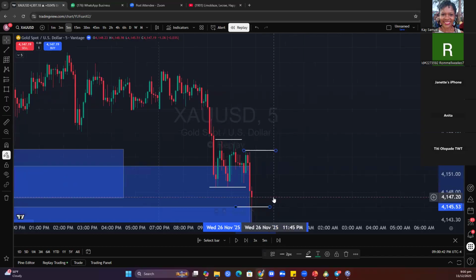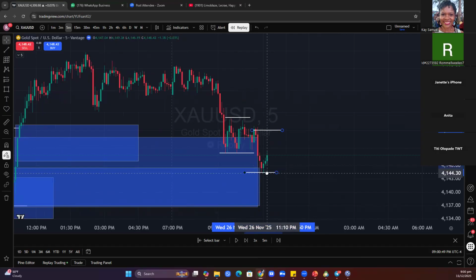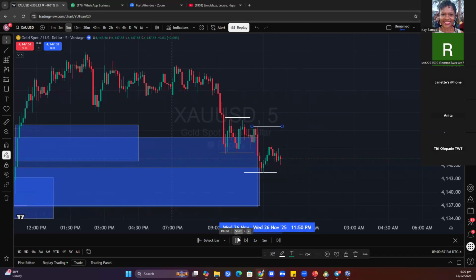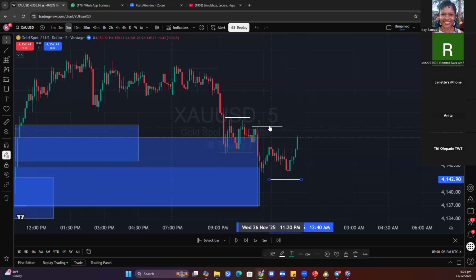And this is how you go through your chart, right? This is literally what I do. This is how you go through your chart, right? Price pushes lower. We got a lower push here.